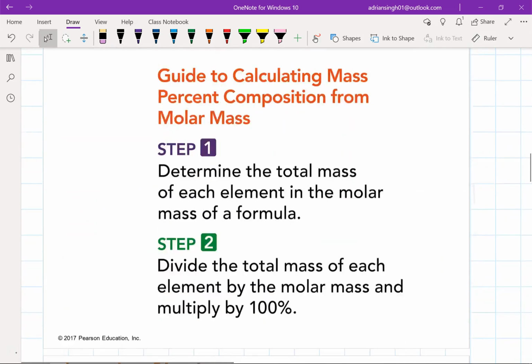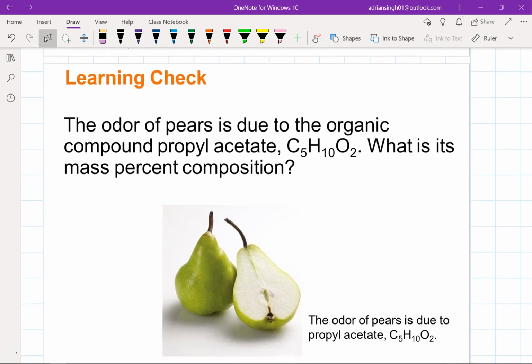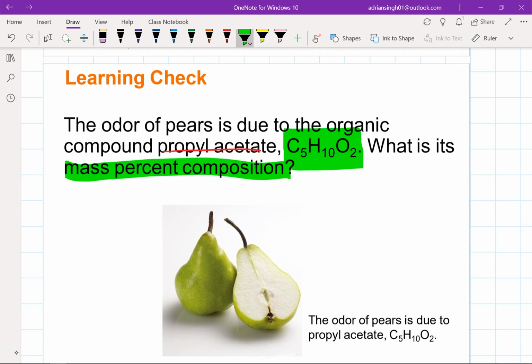So let's take a look at an example, and we'll walk through this process. It says the odor or the smell of pears is due to an organic compound, which has a funny sounding name. But the key thing here is the formula. We have the formula for that compound, and we need to determine the mass percent composition of each element in that compound.